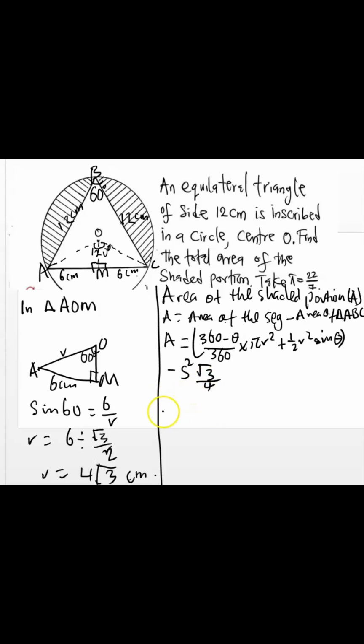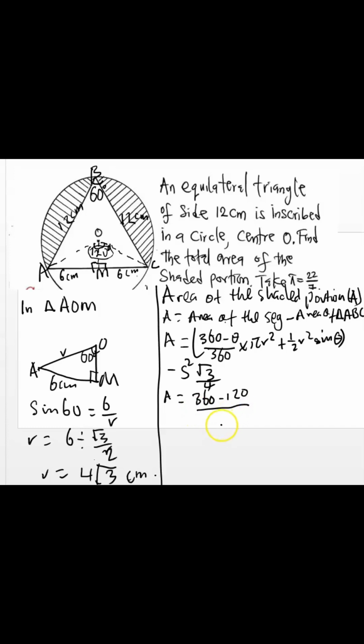So what you're going to do from here is that the area is simply going to be 360 degrees. What is our theta? Our theta in this case is 120 degrees. This angle that we can see here, this is our theta, so it is minus 120 degrees.